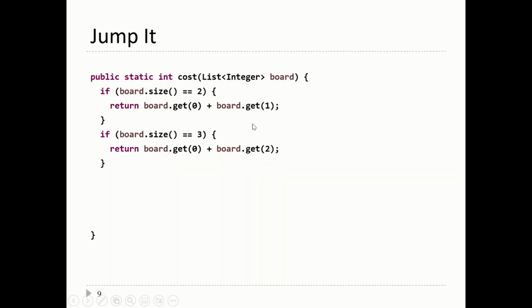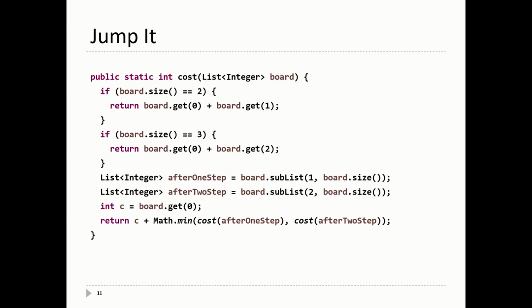Well, the cost method computes the cost of solving some board. So if I can compute the board missing the first 2 squares, I can just call the cost method. And it's easy to compute the board missing its first and second square. There's a sublist method in list. So sublist 1, comma board size, returns the part of the list not including the first element in the list.